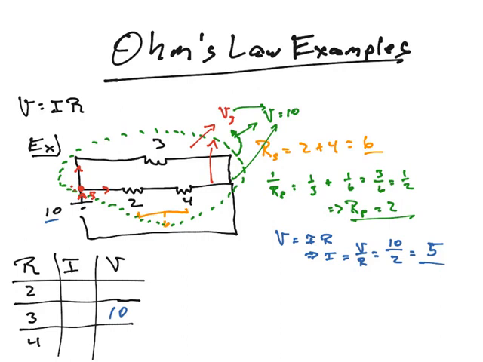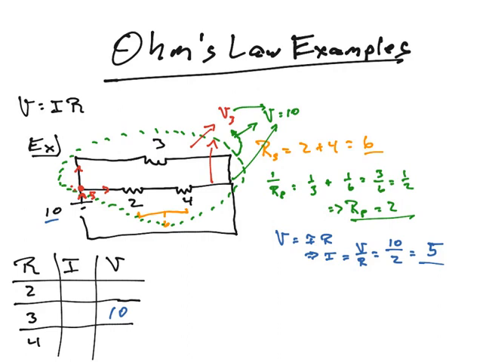Because, remember, the rule for series resistors, and the 2 and the 4 are in series, is that the voltage dropped is different for each resistor. Now, I know if I add up the voltage dropped by 2 and the voltage dropped by 4, it better be equal to 10, but each one individually is something else. So I'm going to have to do a little more work.